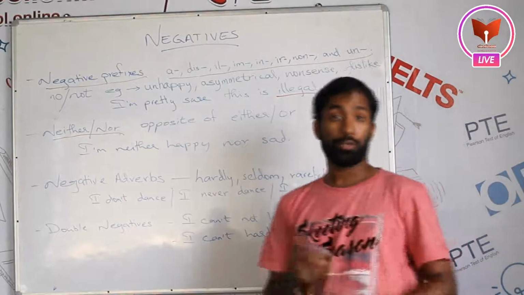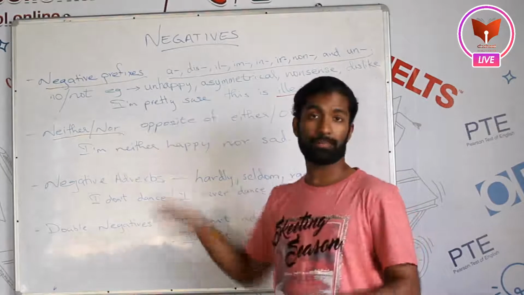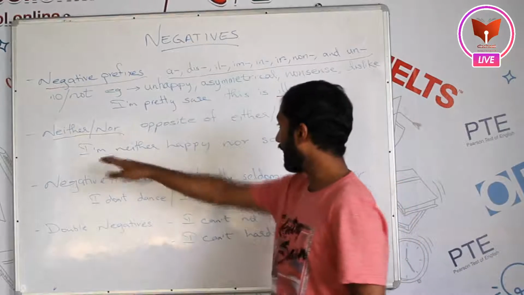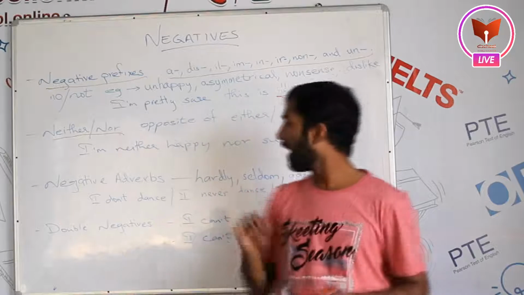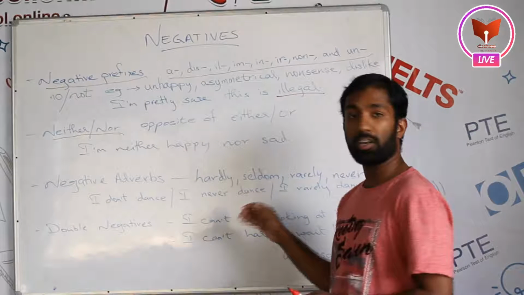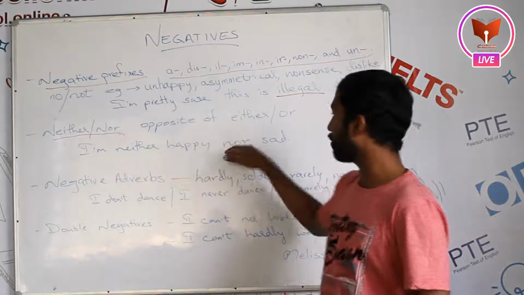But then you can ask a question: can we use or instead of nor, or can we use either instead of neither? Let's try framing it. I am neither happy or sad. That sounds correct to you, doesn't it? But that is not the right way to say it or write it. The right way to use it is I am neither happy nor sad.